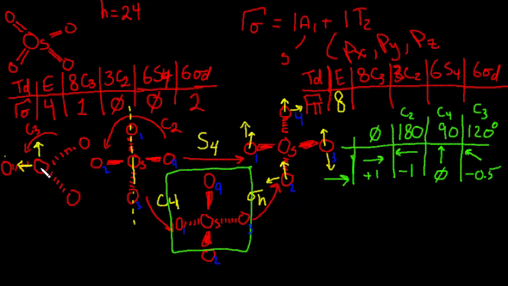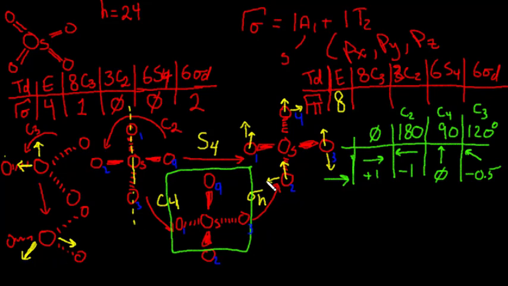It's only this oxygen that remains in the same position, and we will have to consider it. So if we redraw this after the C3 rotation, one of the vectors would point in this manner, 120 degrees away, and the other one would point this way, 120 degrees away from the starting position.